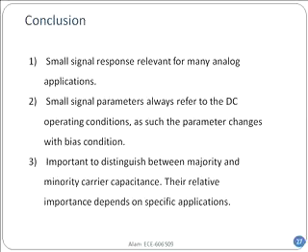So to conclude then, this small signal response is very important for many analog circuits, small signal, and that was central to this argument. Then these parameters, the inductors, the capacitances and the resistances, they always depend on this DC operating condition. You saw that, right? The conductances has VDC inserted into it.